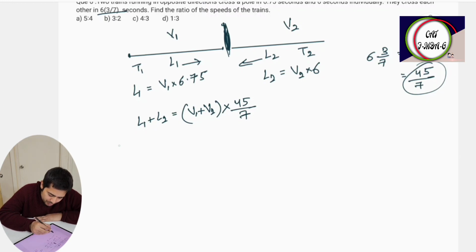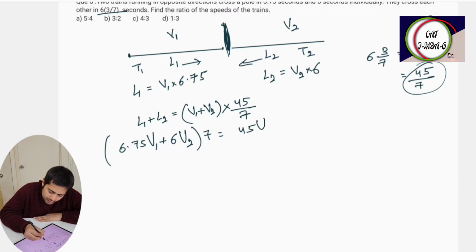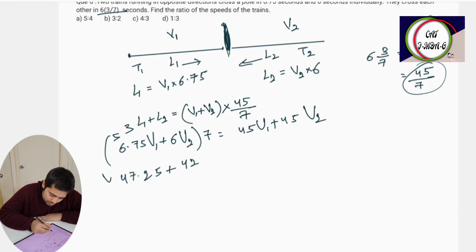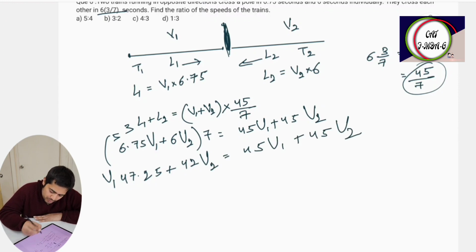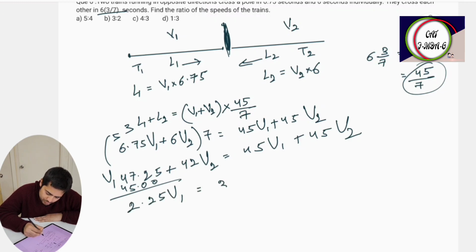L1 plus L2 can be written as 6.75 V1 plus 6 V2, and this is equal to 45 by 7 into V1 plus V2. Multiplying by 7, 47.25 V1 plus 42 V2 is equal to 45 V1 plus 45 V2. So 2.25 V1 is equal to 3 V2.